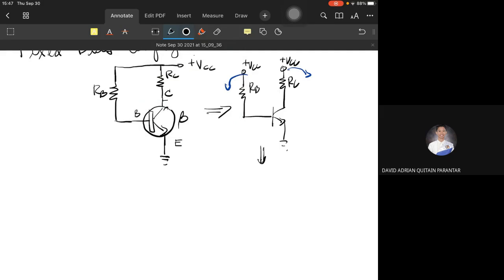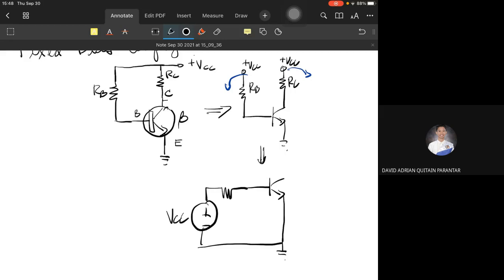So this is the transistor, VCC, this is RB, and the same, this is VCC and this is RC.